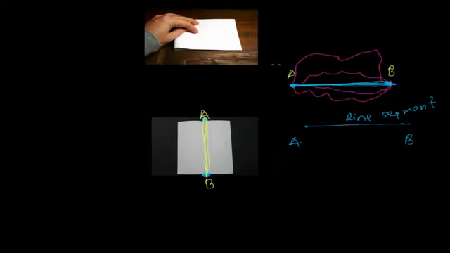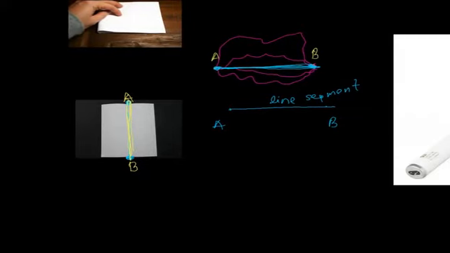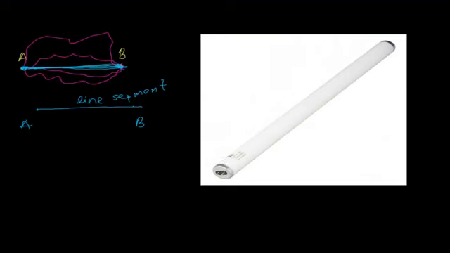You can find many kinds of objects in your daily life that tell us they are line segments. You can see here some examples I have collected. Now see, this is our tube light, right? We have often seen this. This is one point, and this is another point, and both points are connected by a connector, or you can say a joiner, right?